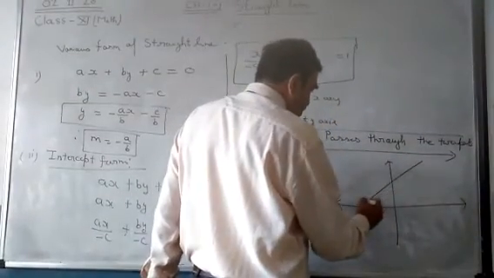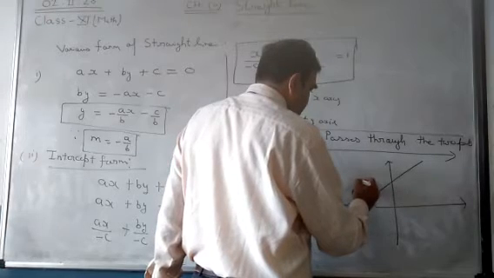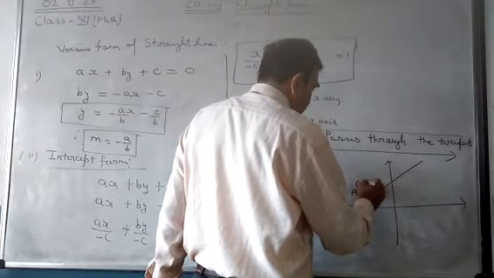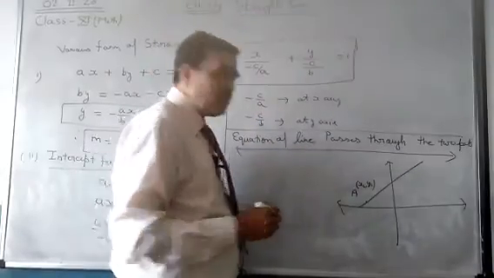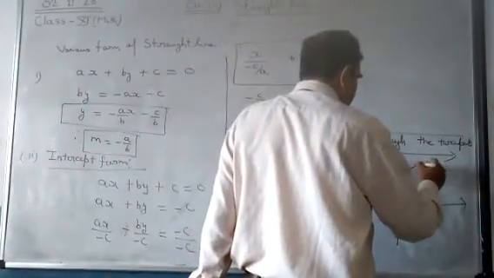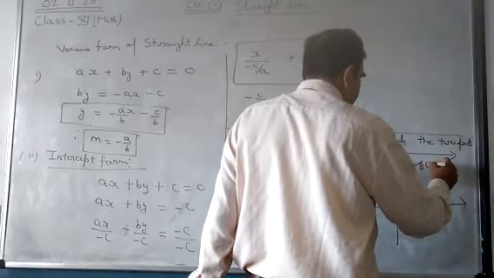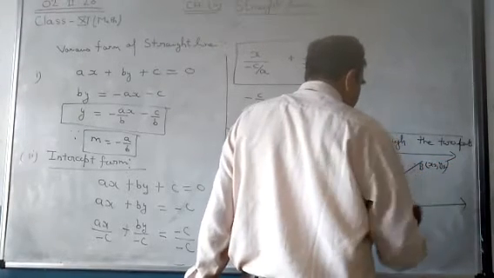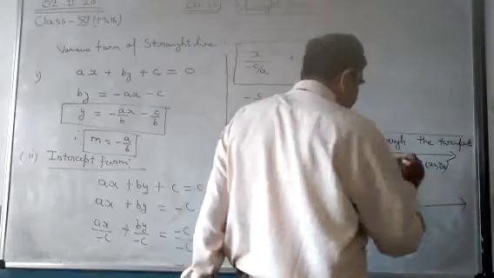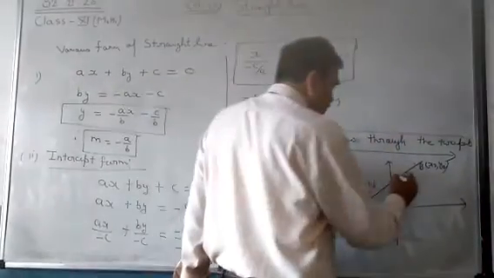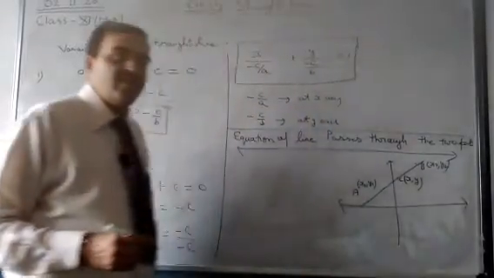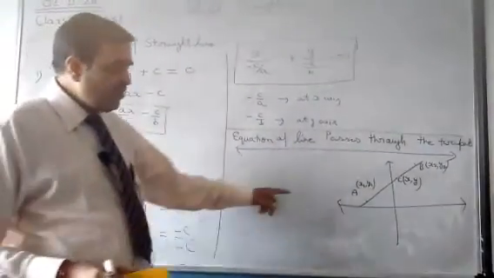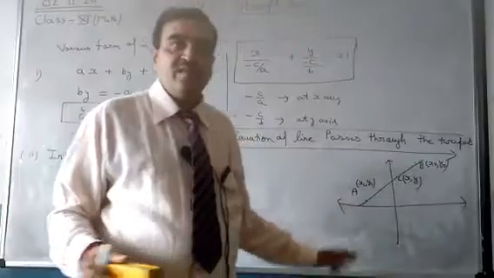Suppose the coordinates of point A are x1, y1, coordinates of B are x2, y2, and take a point C of coordinates x, y. We determine the equation of this line AB.